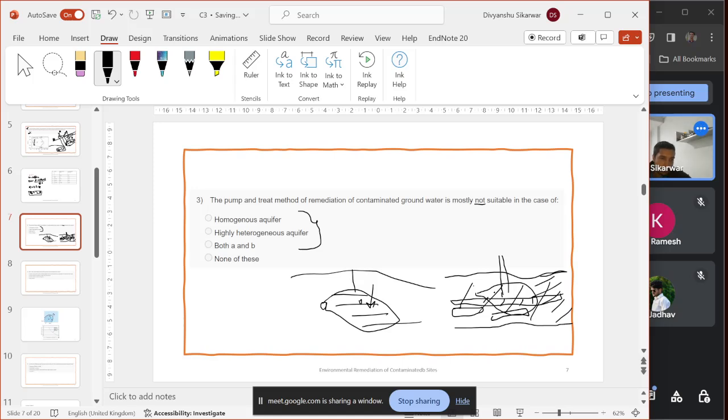The more different types of soil we have, what will vary? Clay is porous but not permeable, right? Yes, sir, it does not have interconnecting voids. So which will be more difficult, a single type of soil or multiple types?